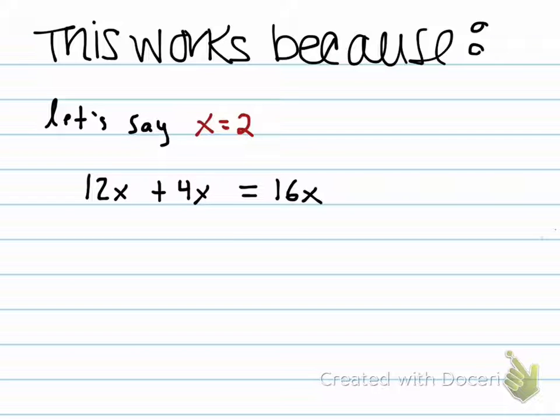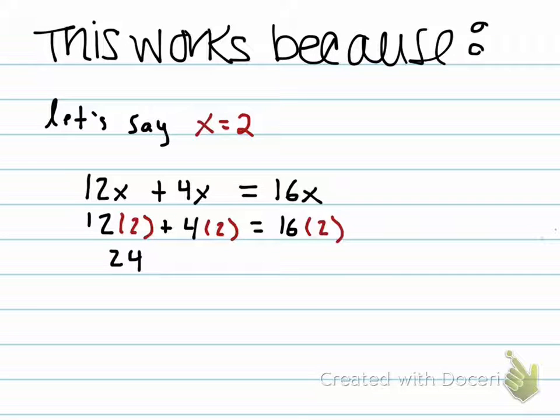So 12 times 2 plus 4 times 2, and we're saying that this should all equal, if we're right, 16 times 2. 12 times 2 equals 24.